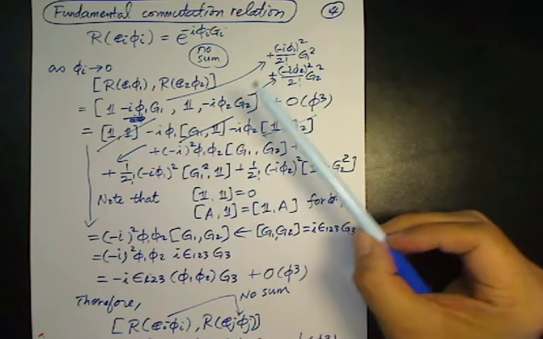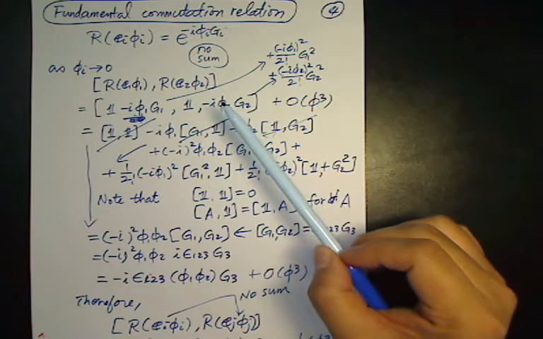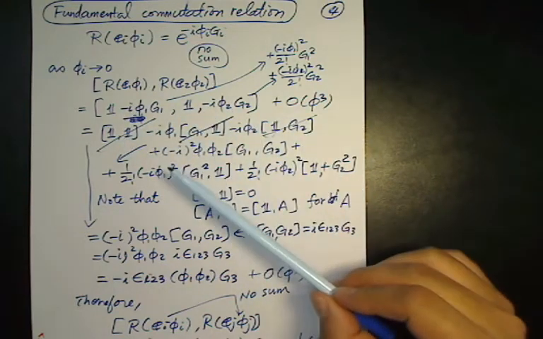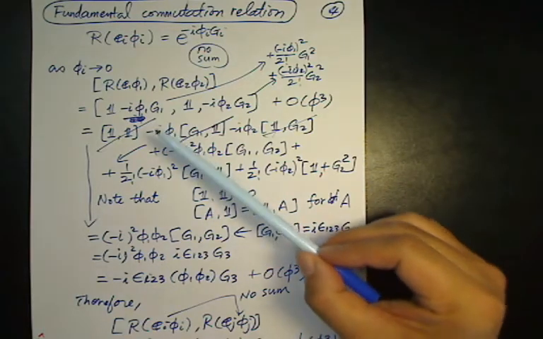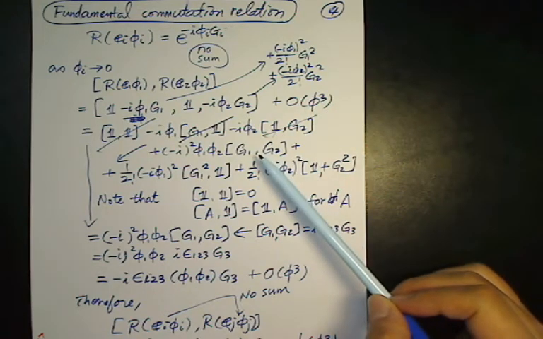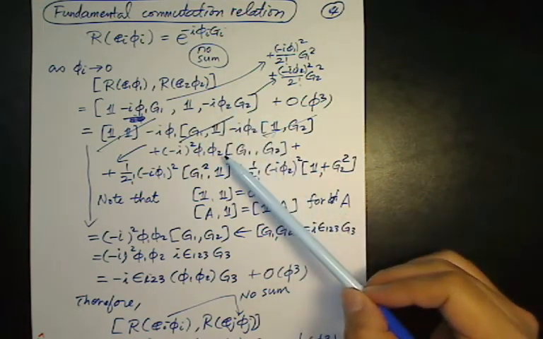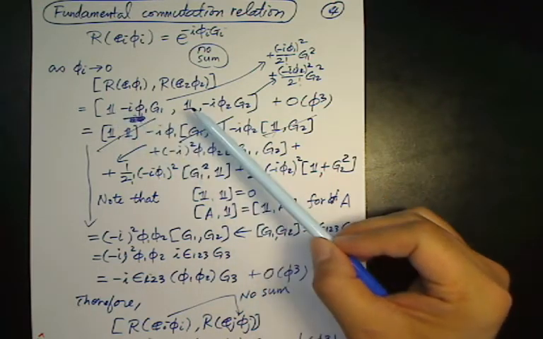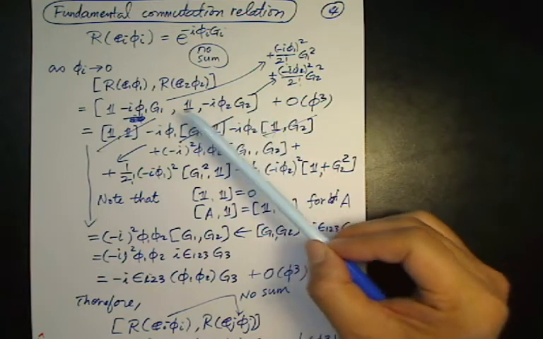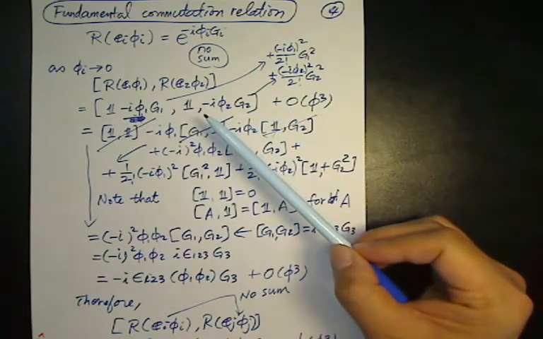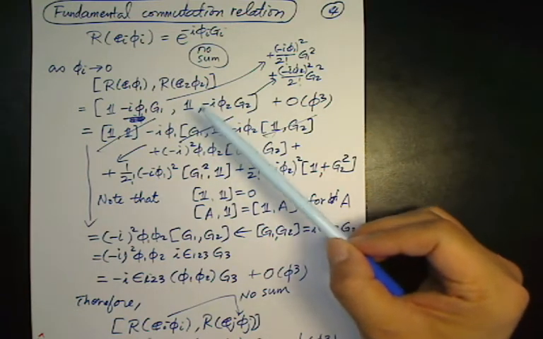If I expand this commutator, the identity contribution all disappears, and up to phi squared contribution the only surviving contribution is phi1 phi2, because 1g and g1 disappear, 1g squared and g squared 1 all vanish because of the identity.